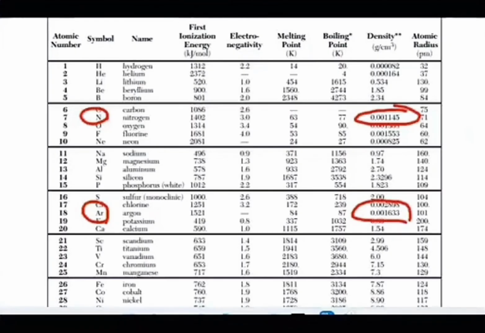They are small numbers, right? Because they are gases typically at STP. You'll notice that nitrogen, it's 0.0011 and argon 0.0016. So nitrogen is less dense than argon, or you could say argon is denser than nitrogen. Make sure you get both of them in there.